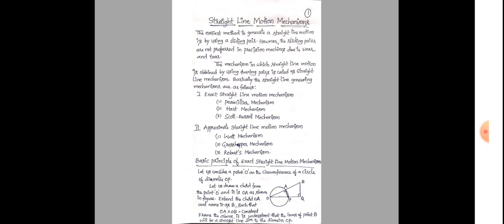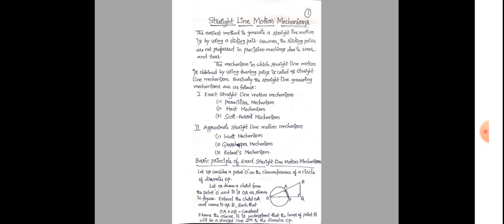The easiest method to generate a straight line motion in any kind of mechanism is by using a sliding pair.